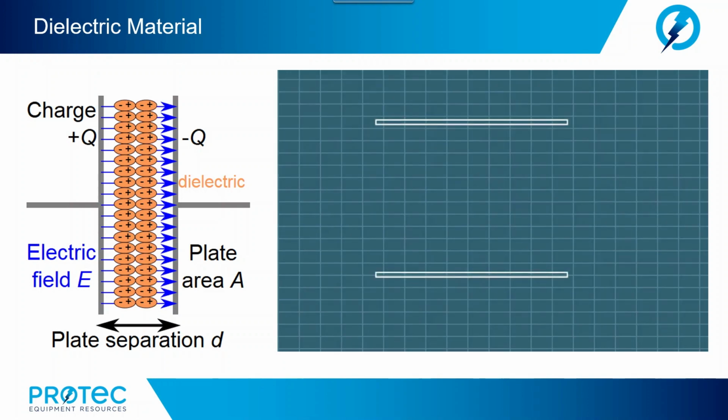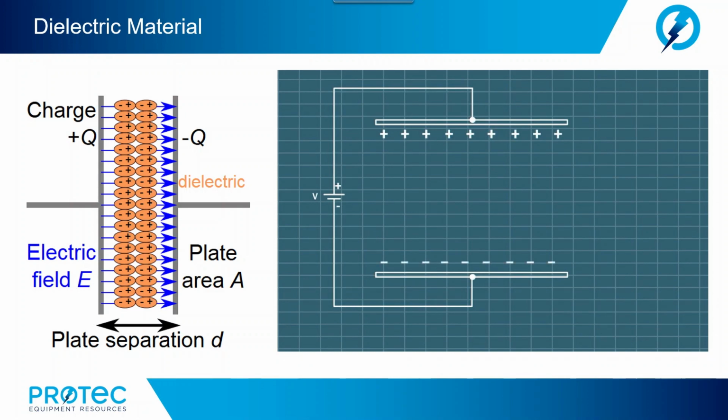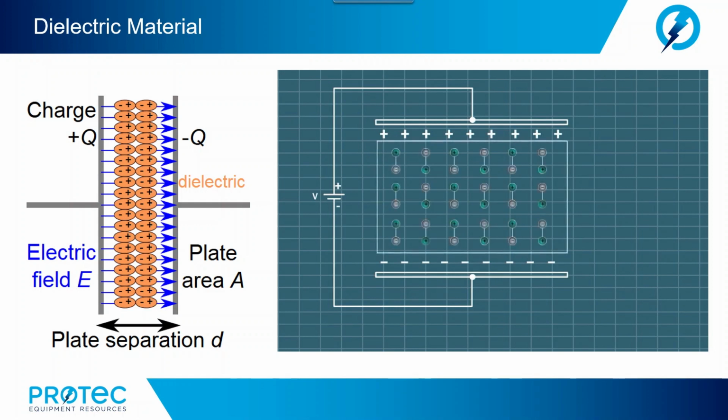Now, when a dielectric is placed in an electric field, electric charges do not flow through the material as they do in a conductor, but only slightly shift from their average equilibrium positions, causing dielectric polarization. This produces an internal electric field, reducing the overall electric field of the dielectric.